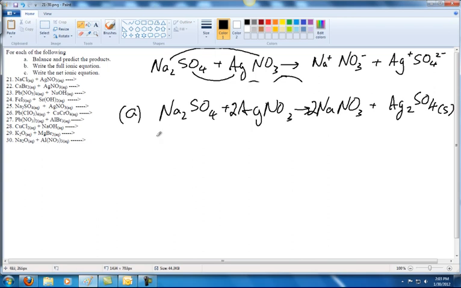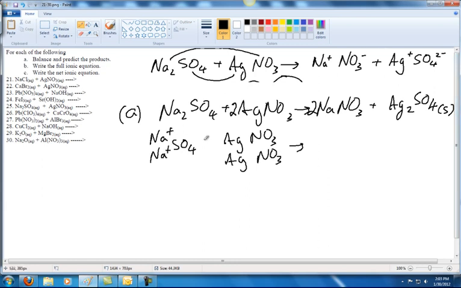Now we need to look at part B. For part B, we're going to show how everything splits into ions. So drawing a picture of Na2SO4 is going to look like this: Na, and SO4. AgNO3 is two of those. That's going to look like this. And looking at the charges, we just grabbed the charges from back up here as well.